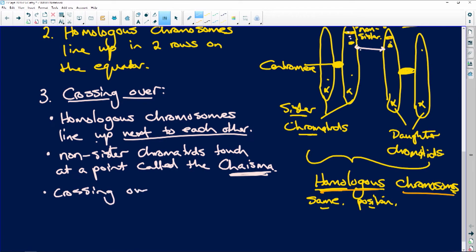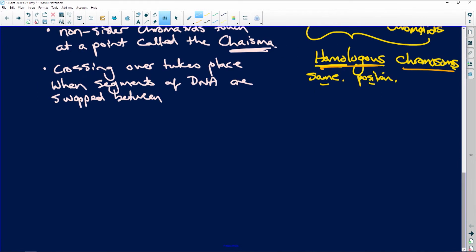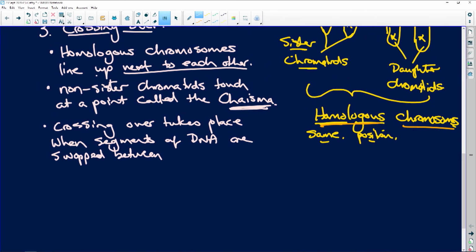Crossing over takes place when segments of DNA are swapped between the 2 chromatids.